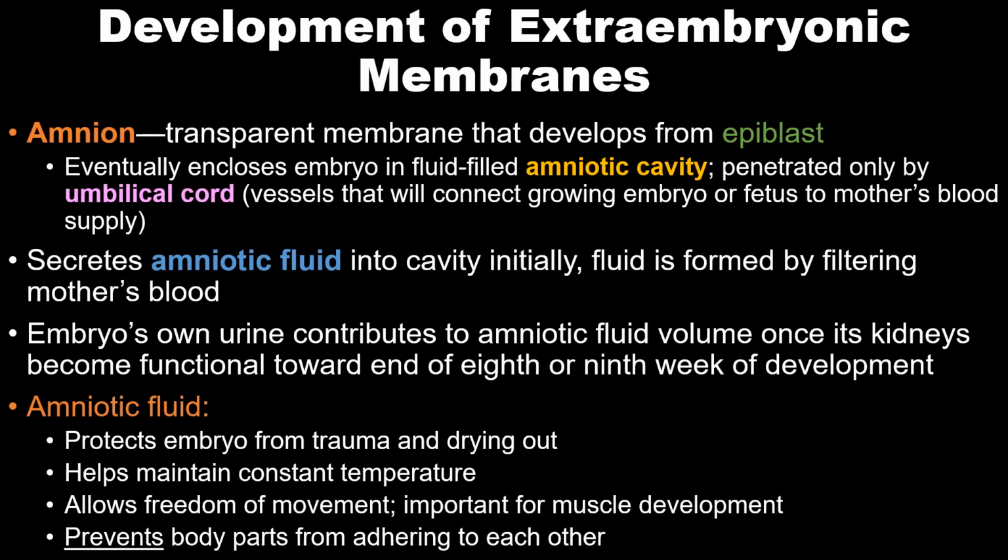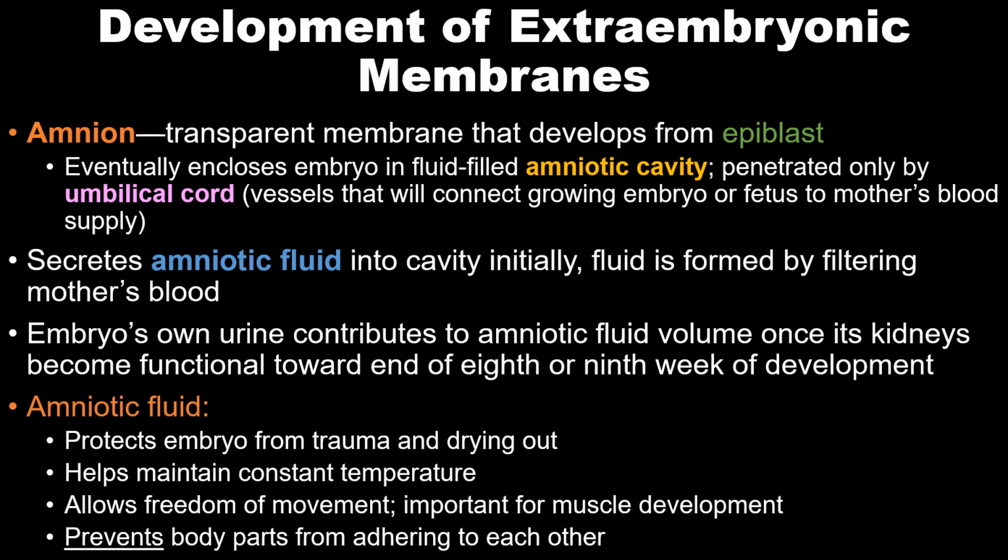Now, the amnion is going to be a transparent membrane that develops from the epiblast. Now, it grows to completely enclose the conceptus in a fluid-filled amniotic cavity only penetrated by the umbilical cord, whose vessels will connect the growing conceptus to the mother's blood supply.